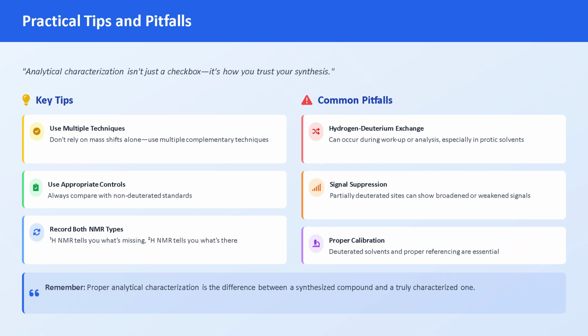If toluene's normal molecular ion is m/z 92, deuterated toluene shows m/z 100, a clear mass confirmation. Together, NMR and MS answer the three critical questions. Is it deuterated? Where is the deuterium? And how complete is the labeling?